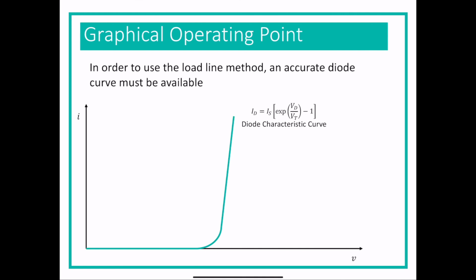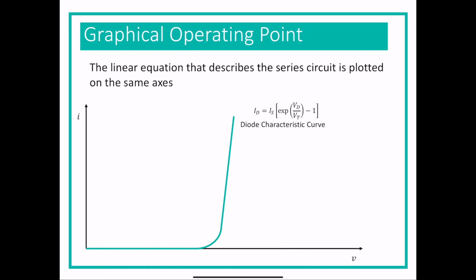So we have a curve, and then what we're going to do is take a linear equation that describes the series circuit, and we plot it on the same graph. So that's ID equals minus 1 over R times VD plus Vs over R. We call that the load line.